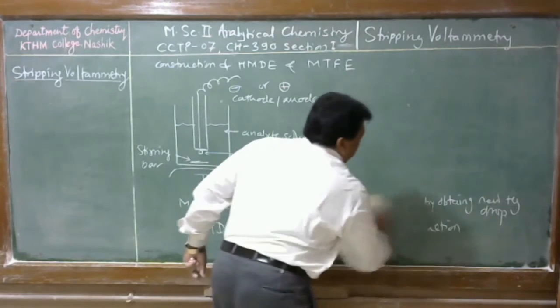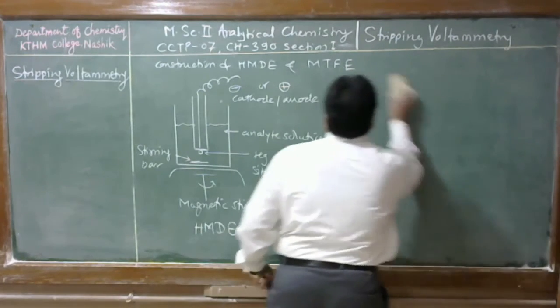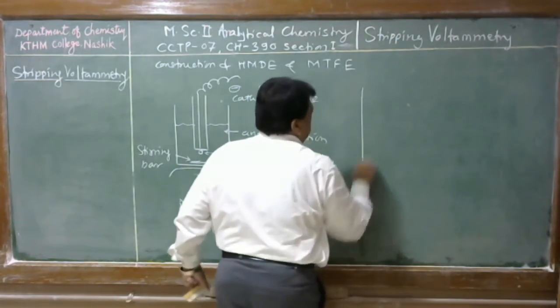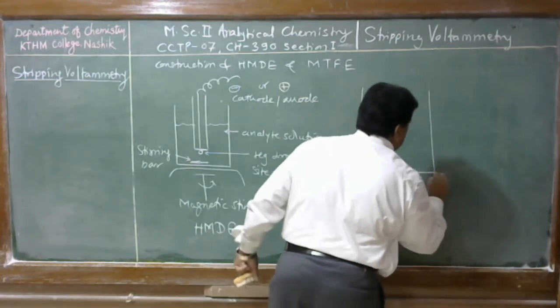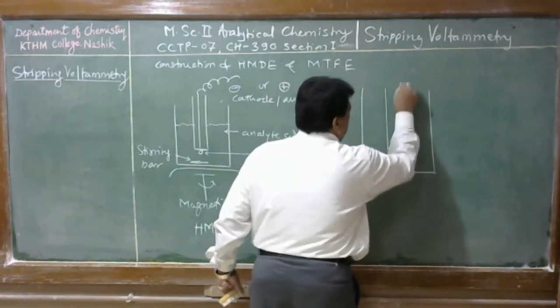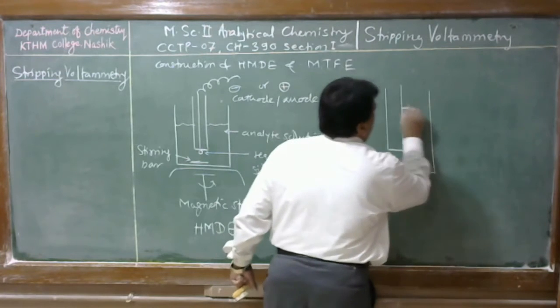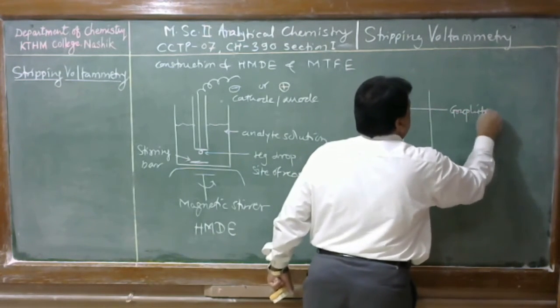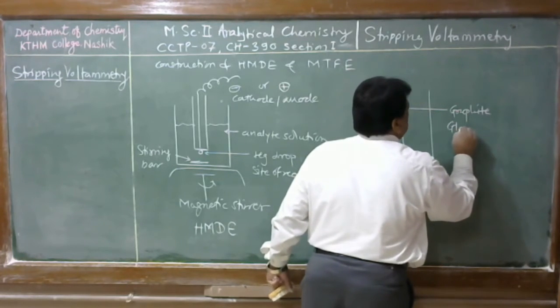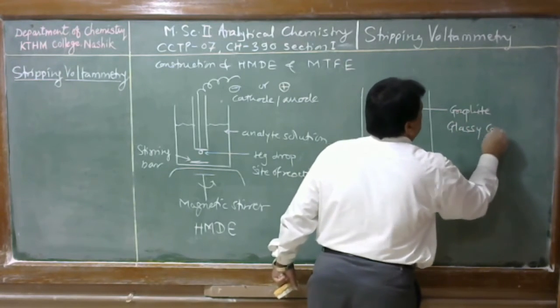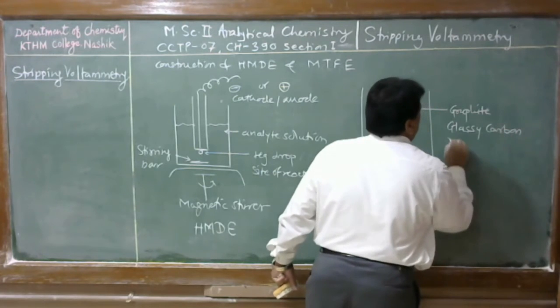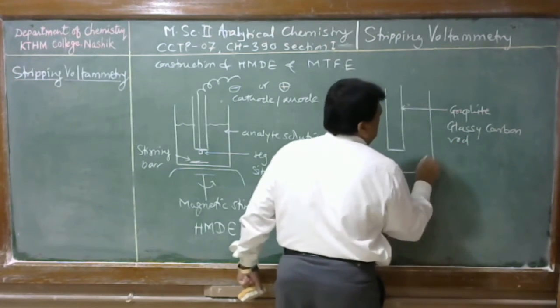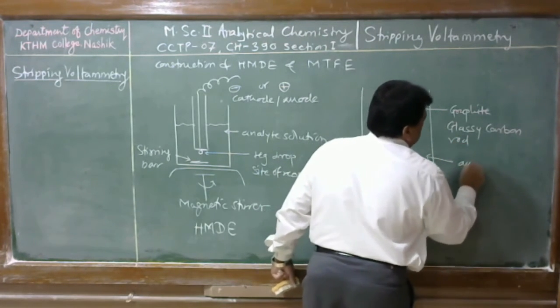And the second type of electrode is the mercury thin film electrode. In this case there is a glassy carbon rod, or you may say a graphite rod, which is held in an analyte solution.